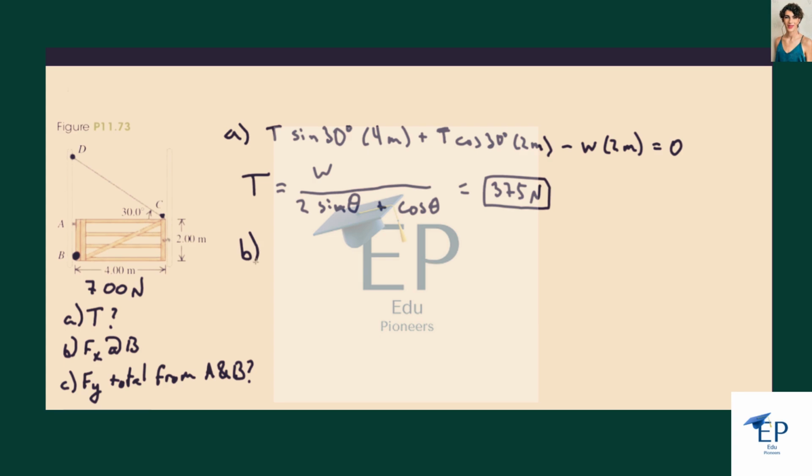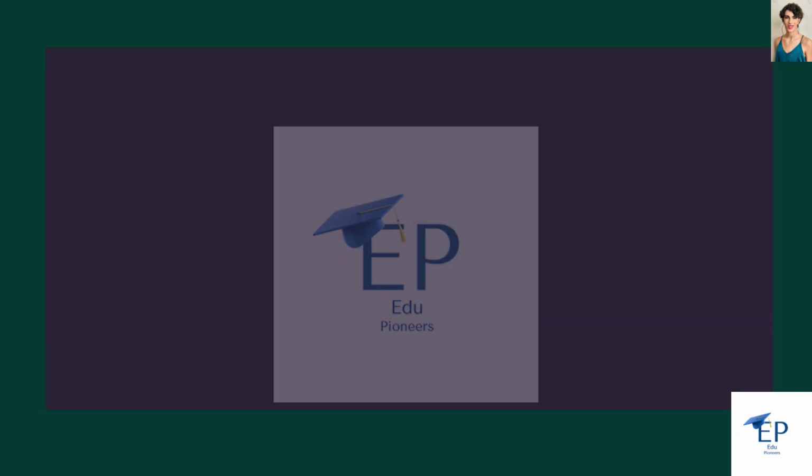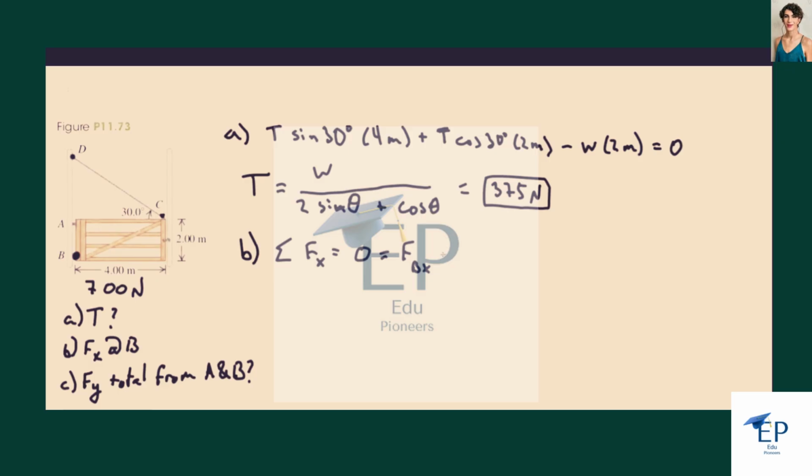Now, to find the horizontal force, we use now the force condition for equilibrium. Horizontal forces have to sum to 0. And so the x component of the force at B minus the tension component is 0.